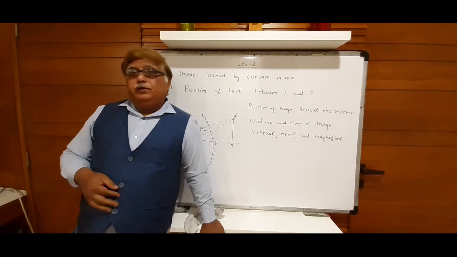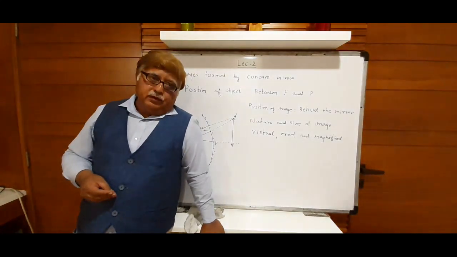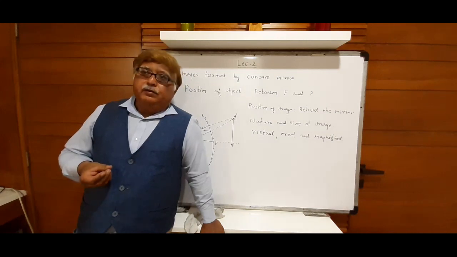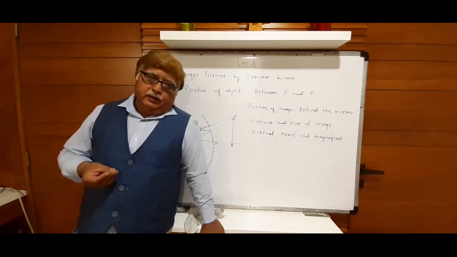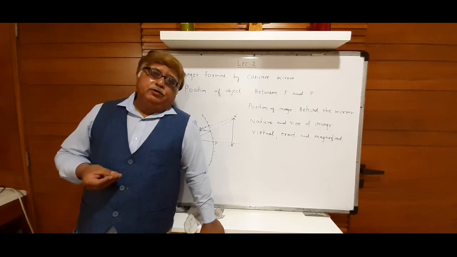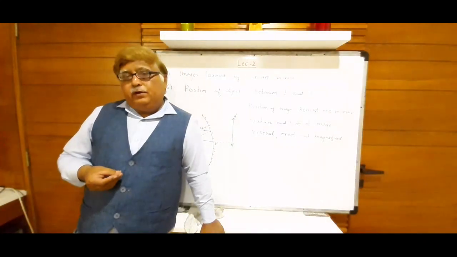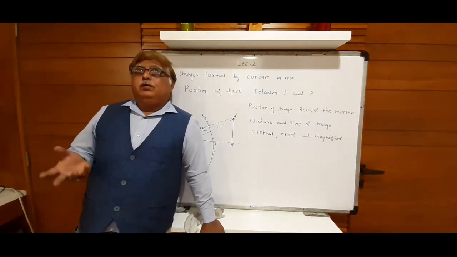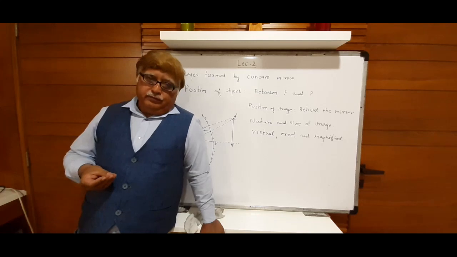Where is concave mirror utilized? Understand, the concave mirror is utilized in headlight, searchlight. You should see it, you have to check whether it is proper or not. Okay? So concave mirror is utilized this way.